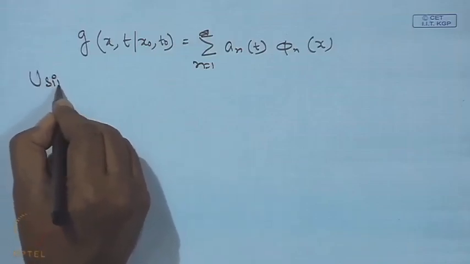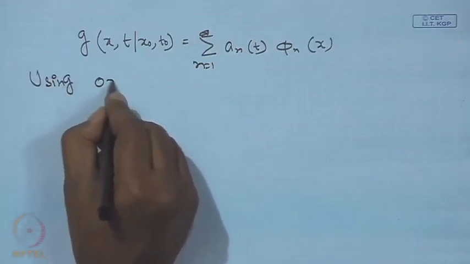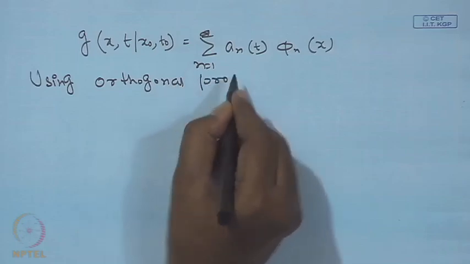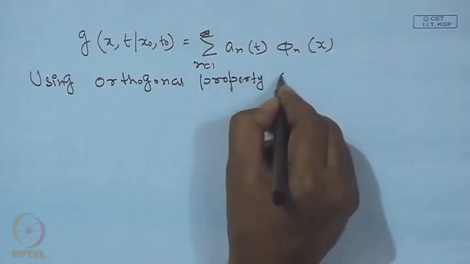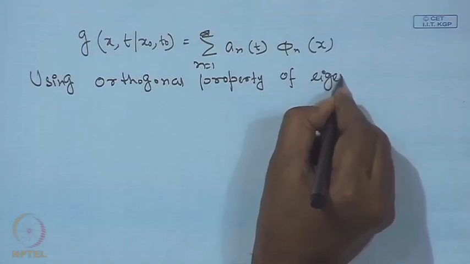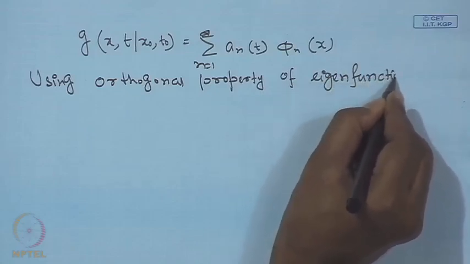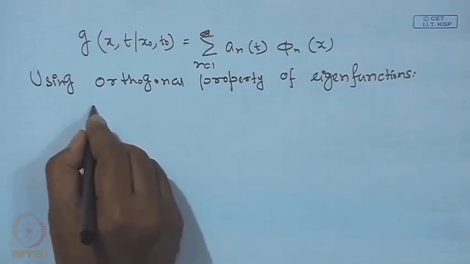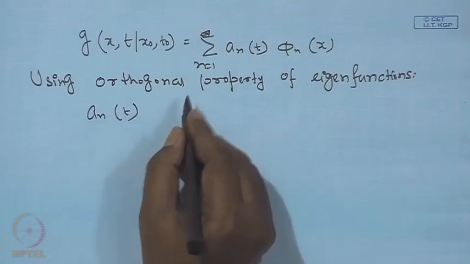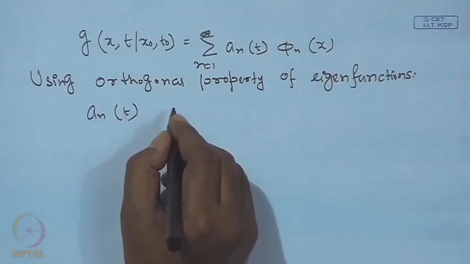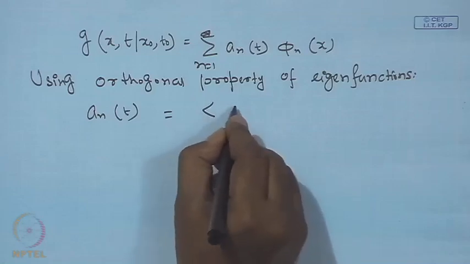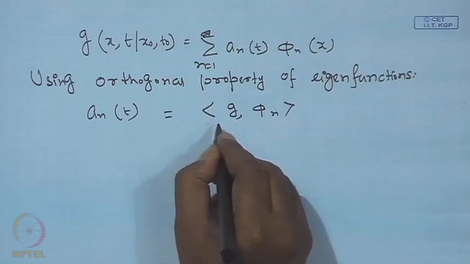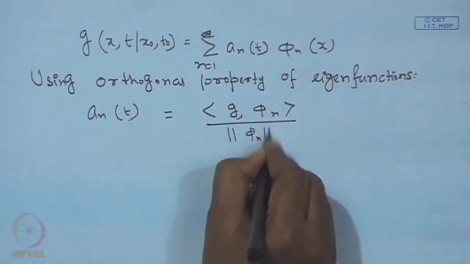So, using the orthogonal property of the eigenfunctions, we can evaluate the constant a_n. a_n will be the inner product of g and phi_n divided by the norm of phi_n square.